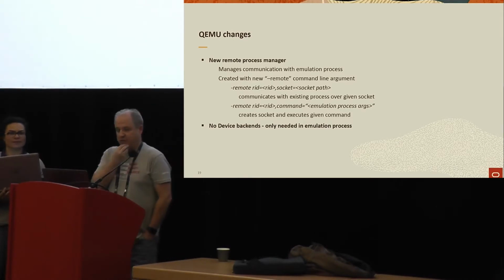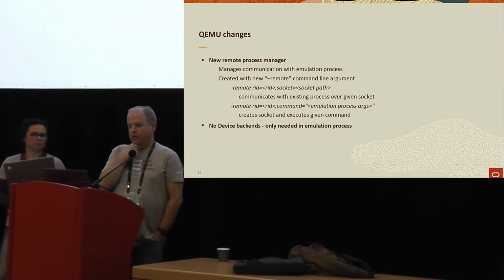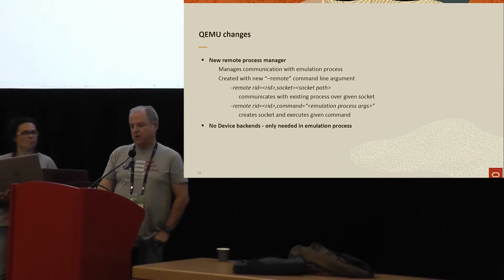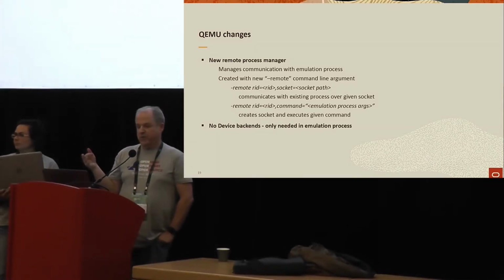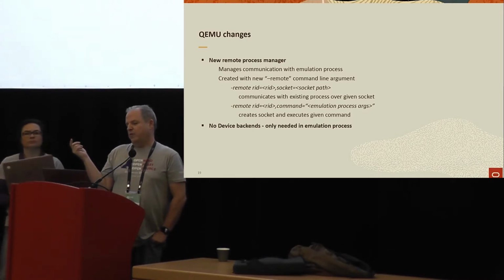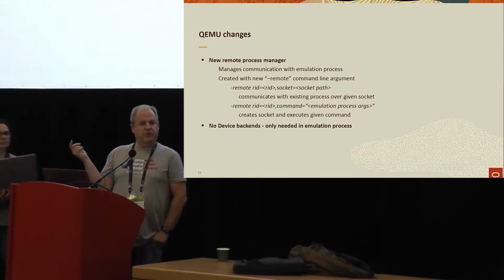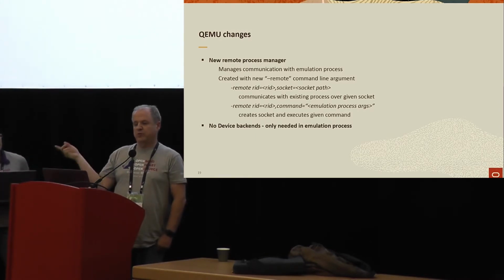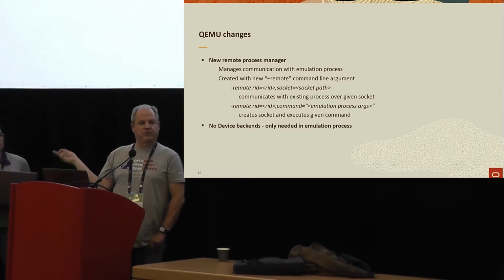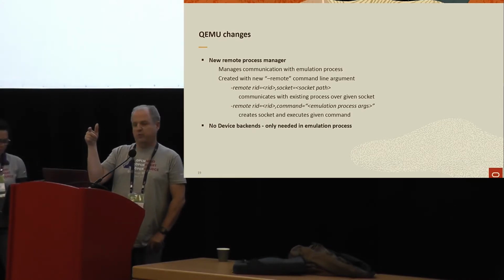So on the QEMU changes we needed something to invoke the remote processes. So we do that with a new -remote command line option. There are a couple flavors of it. One of them does, when you have an orchestrator like libvirt, it will probably want to fire off the remote processes, and it'll tell QEMU what a socket path that it's set up so that QEMU can talk to the remote process.